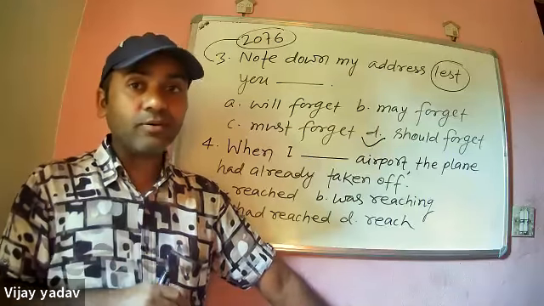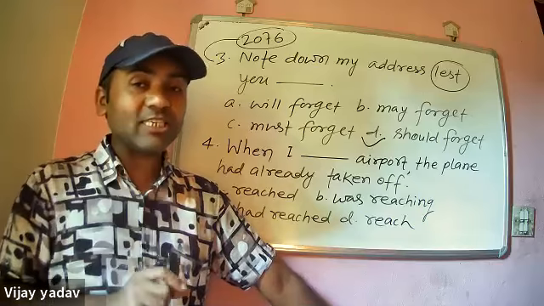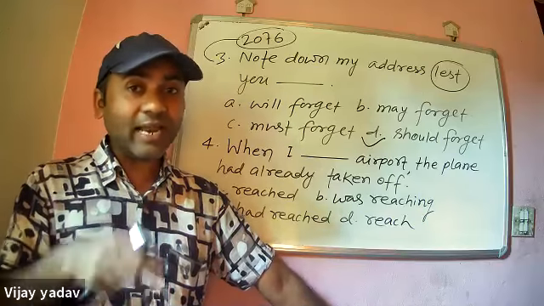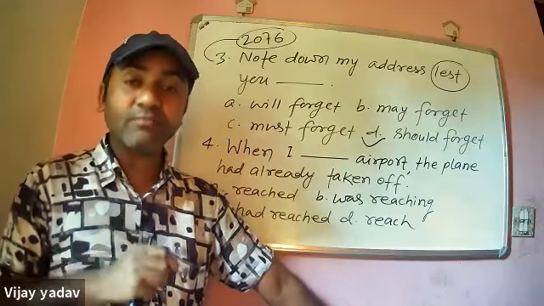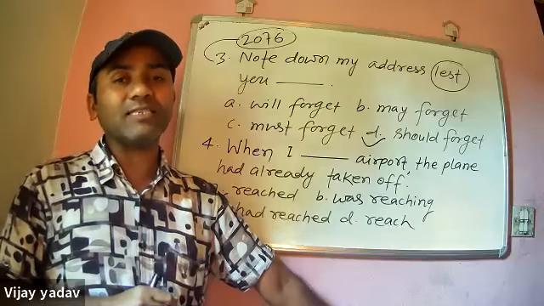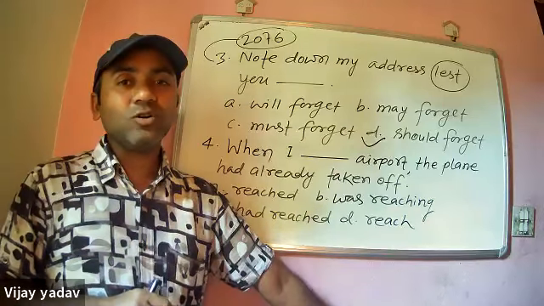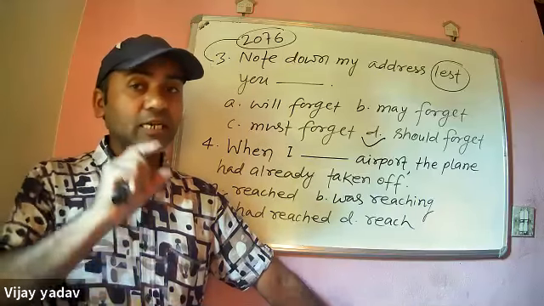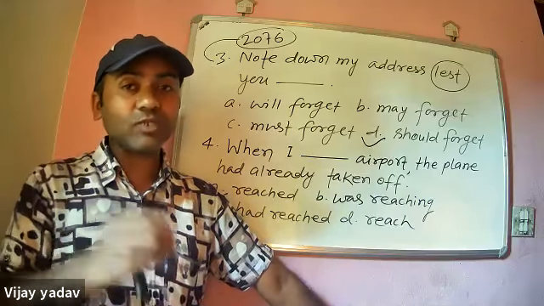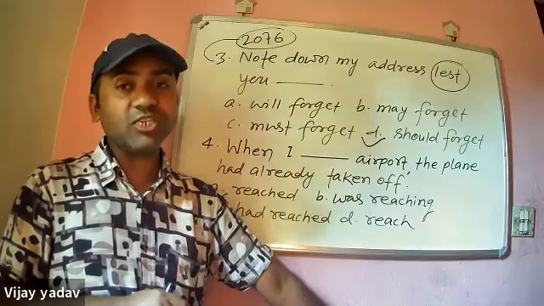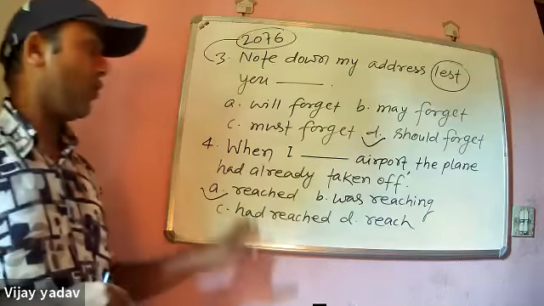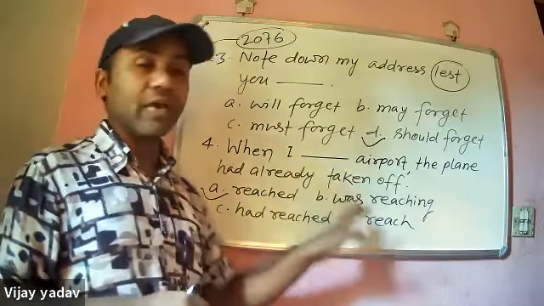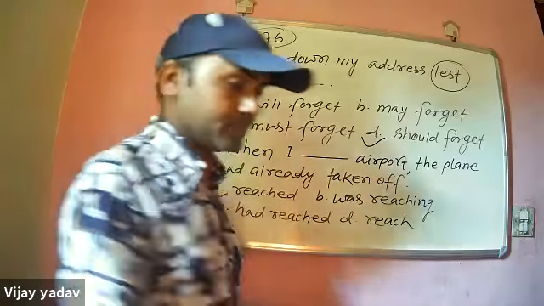The plane took off. So this action is written in past perfect, and I reached later on at 8 a.m., which is written in simple past. So out of two actions of the past, the earlier action is written in past perfect, and the action which happened later on is written in simple past. That's why when I reached the airport, the plane had already taken off.